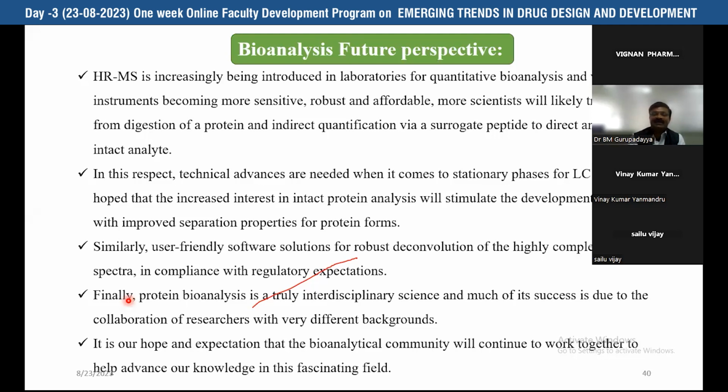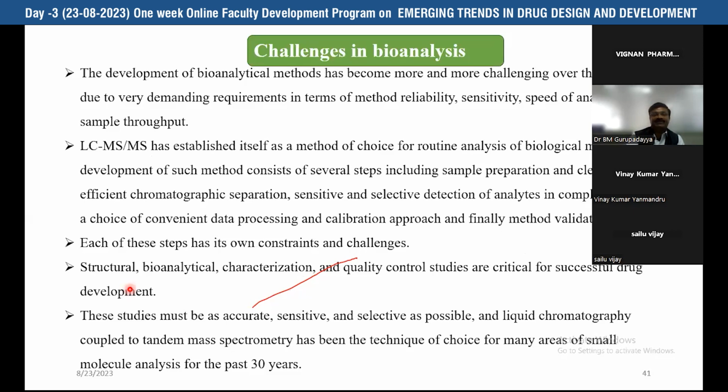If the proteins are separated and the quantification is done well, we get the results very effectively. Similarly, we can use user-friendly software solutions for robust methods to identify any complex mass and resolve it accordingly. If a protein bioanalysis is required, again interdisciplinary science is very successful here. With that we can do the effective separation or identification of the molecules.